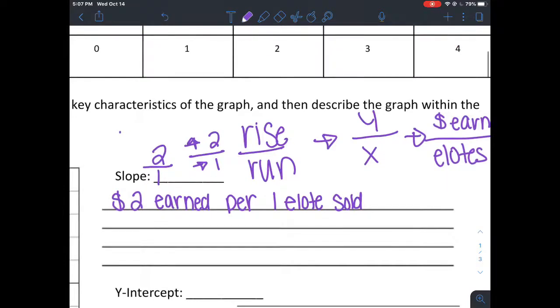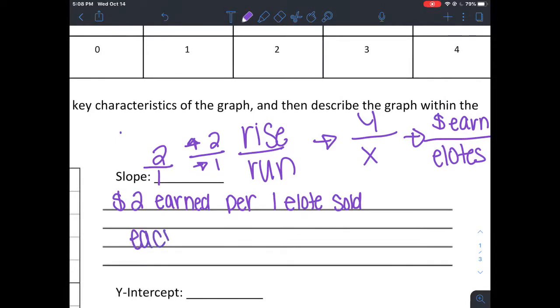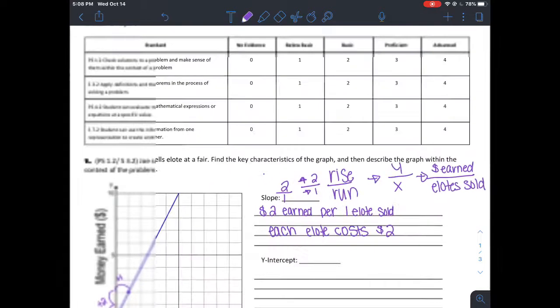Okay, now that we have that formula plugged in, let's check to make sure that our answer makes sense for what I'm saying. Or if I need to change my wording a little bit, now would be the time to do it. Now that I have the structure of what I'm trying to say. So $2 earned per 1 lot sold. So that means that each lot costs $2.